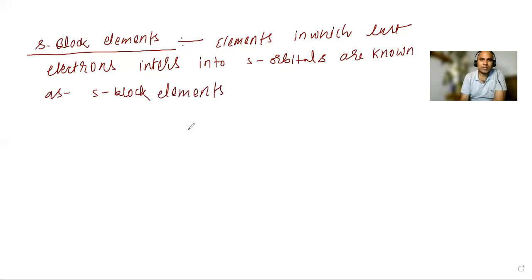So here, elements in which the last electron enters into the S orbital are known as S block elements.